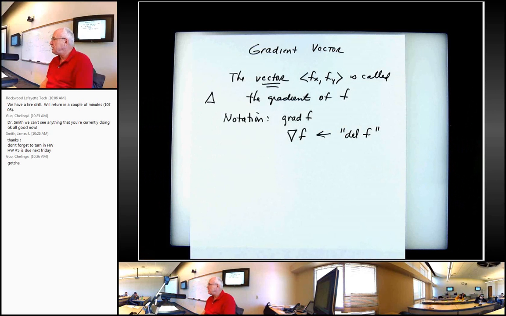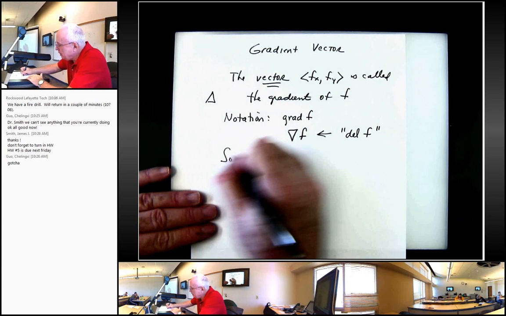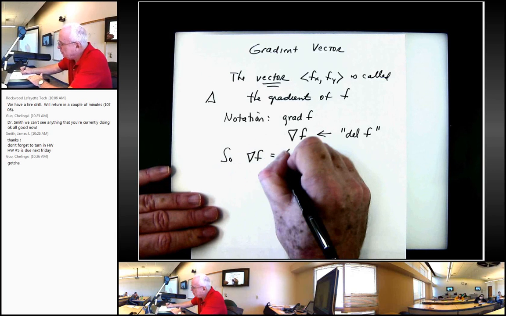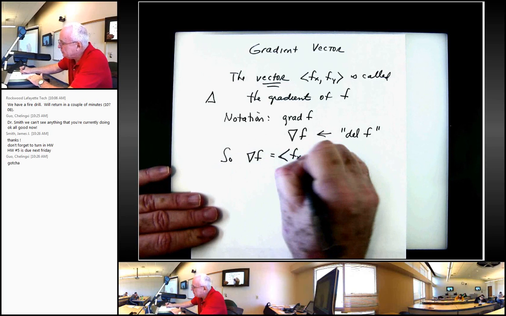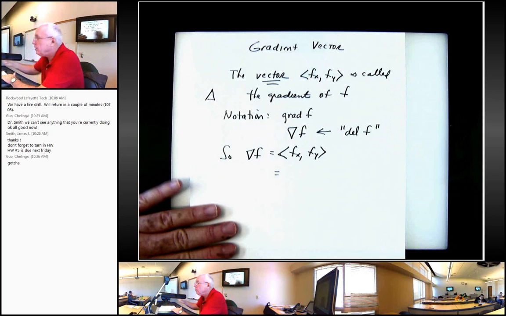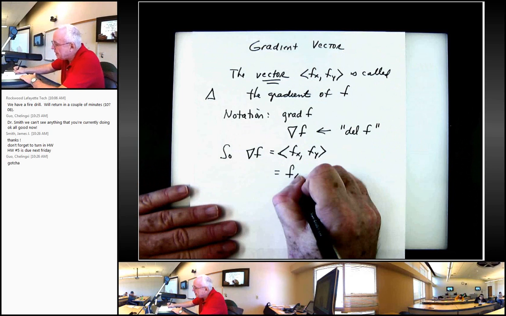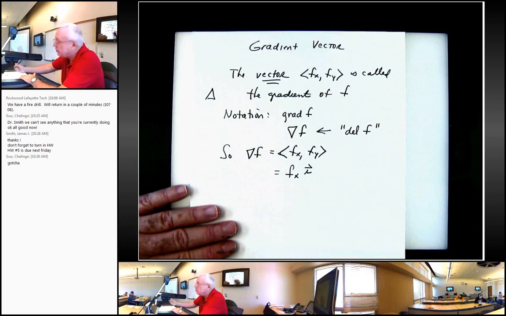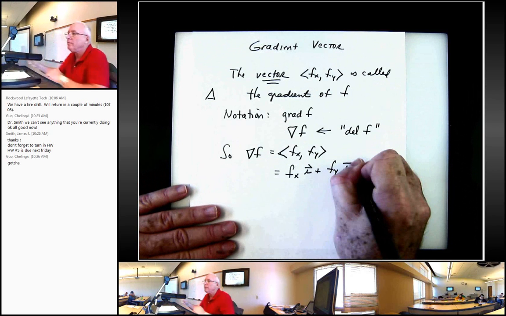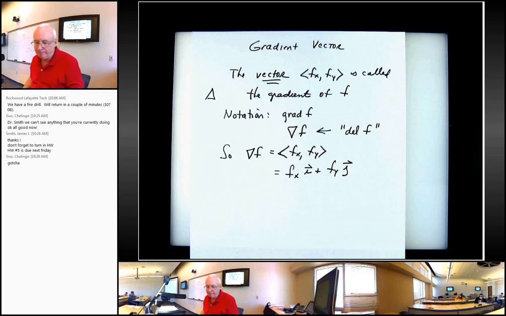And that's the notation that I'm going to be using most often. So del f is equal to the vector with fx in the first part, fy in the second part, or another way we can write that very same vector is fx times the unit vector i plus fy times the unit vector j.